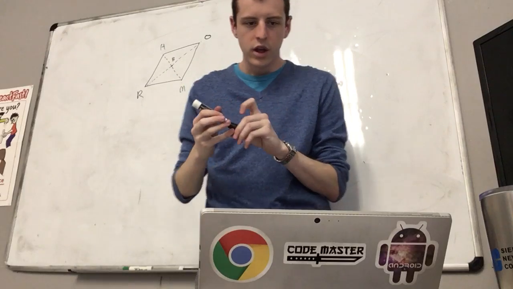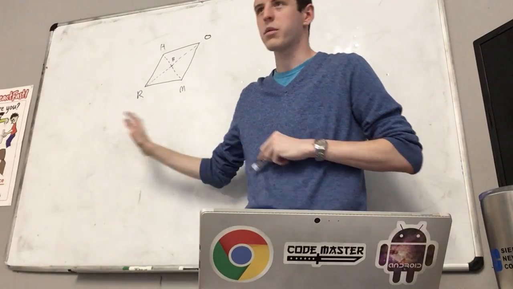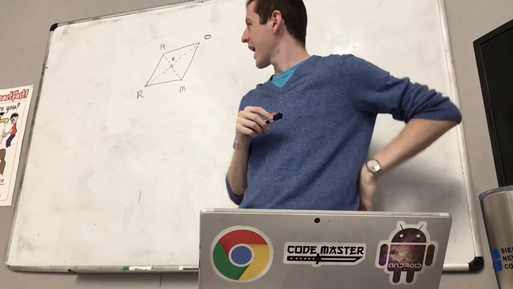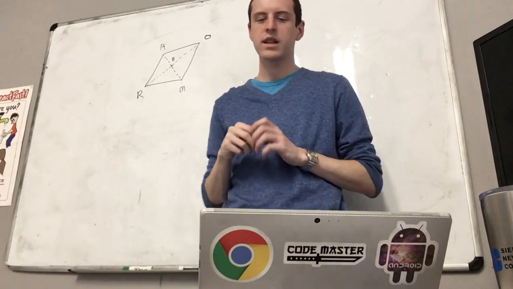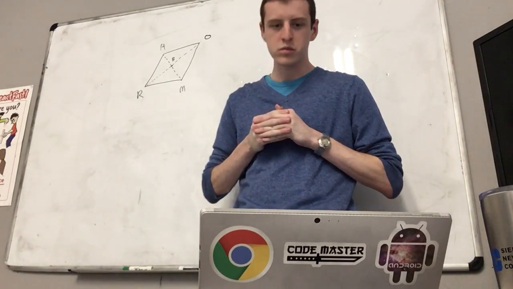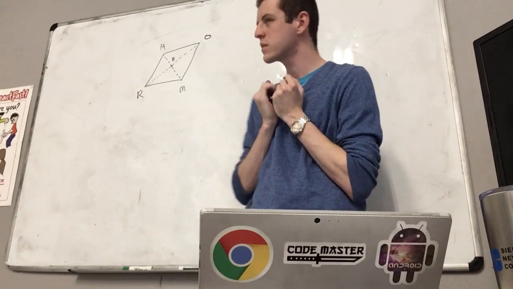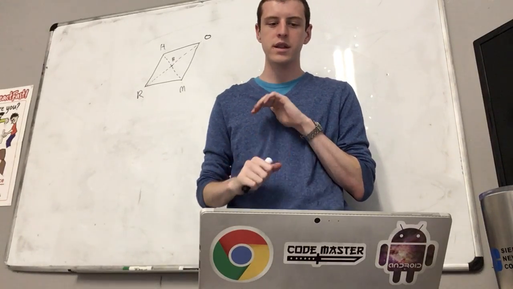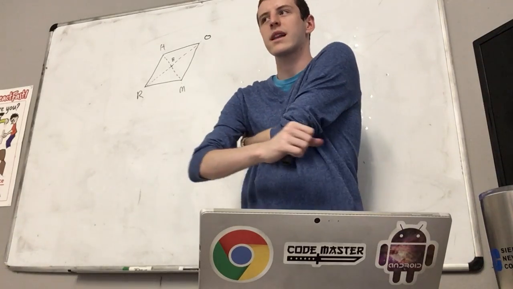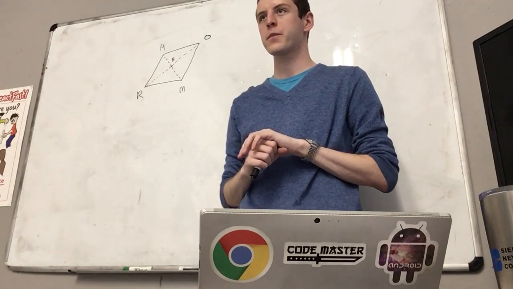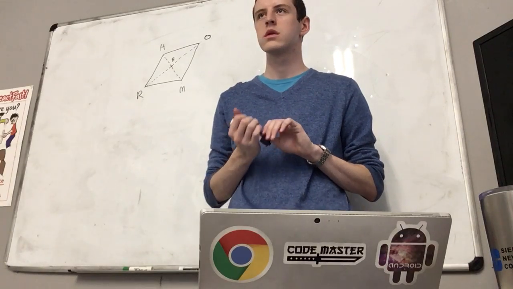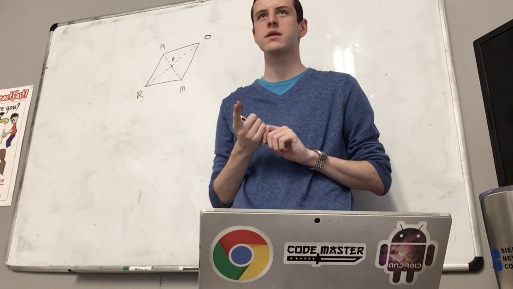Okay. Rhombus, attempt 3. So do the diagonals bisect the angles? Yes. I like it. Do the diagonals bisect each other's line segments to exactly half? Yes, they do.